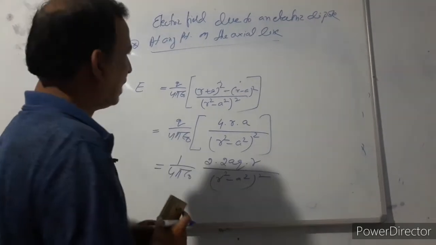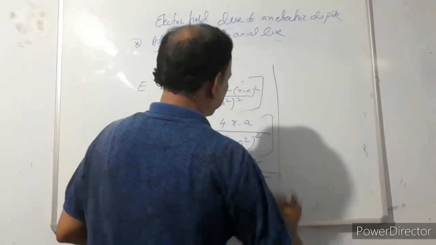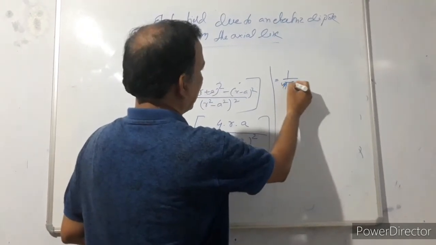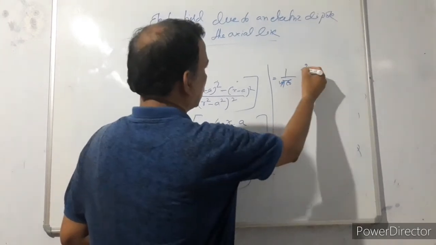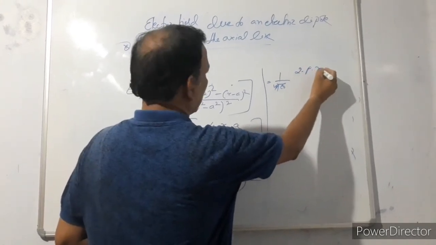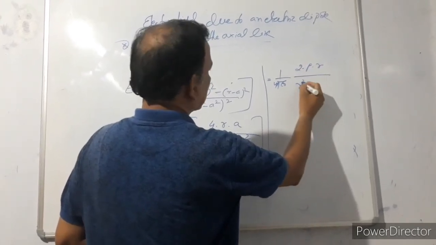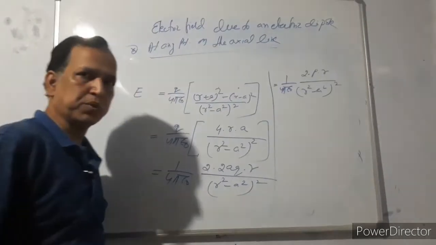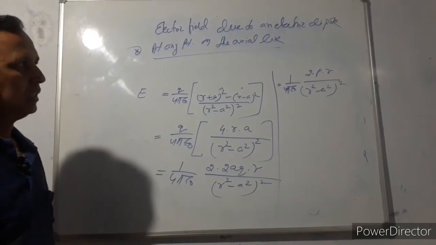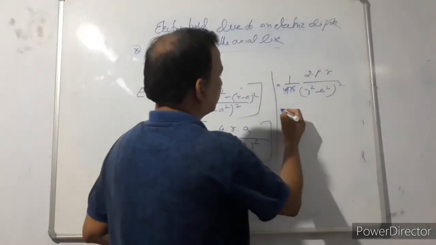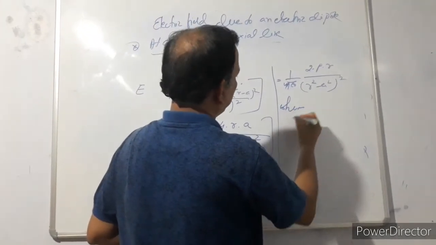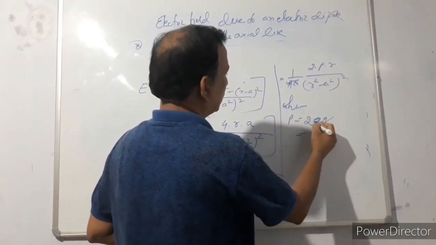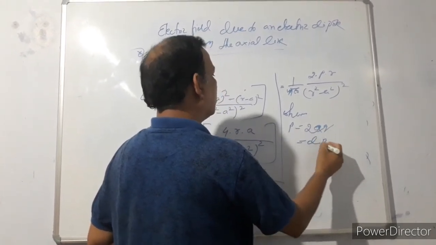That means 1 by 4 pi epsilon naught 2 p r by r square minus a square whole square along AP produced, where p is equal to 2aq, the dipole moment.